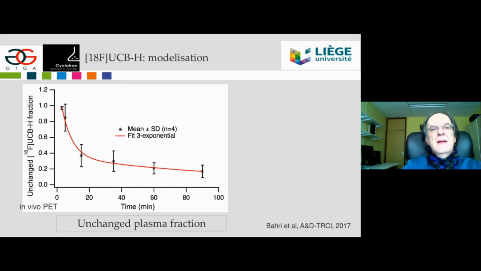And it's possible to see with a number of participants that the variation over time of that decrease is not that important.